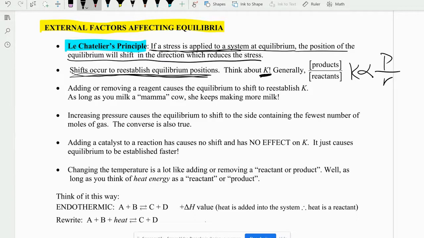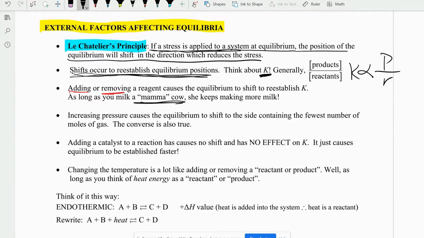And that is when we would add or remove something from the chemical reaction. So adding or removing a species in any particular reaction is going to cause the equilibrium to shift. And when it does so, it's going to do its best to shift in the direction that helps us reestablish the equilibrium constant, or K. Now, the analogy that I use here, and I hope you can excuse it, is the analogy of the mama cow.